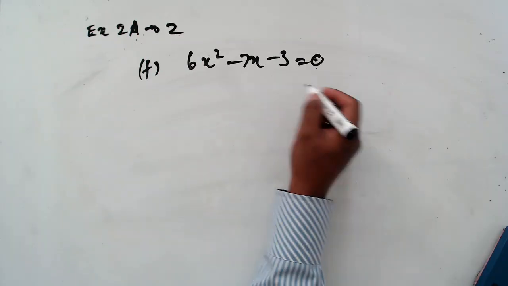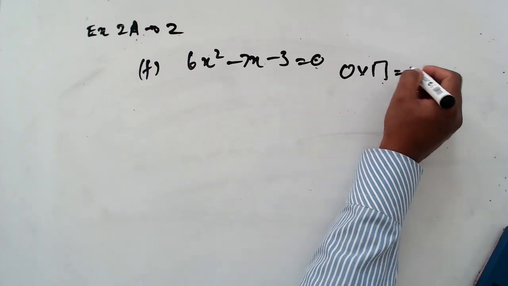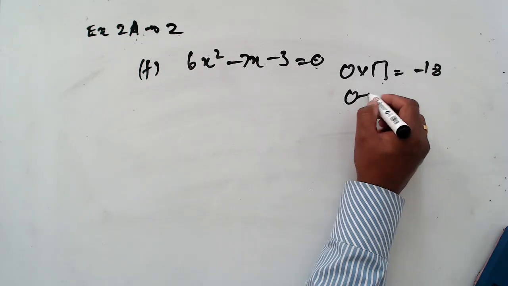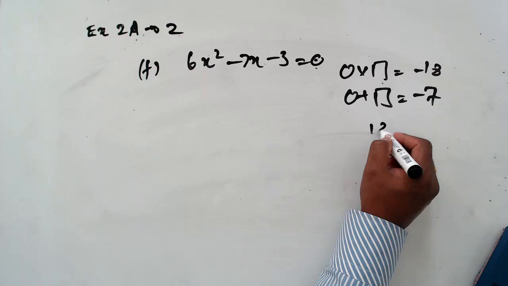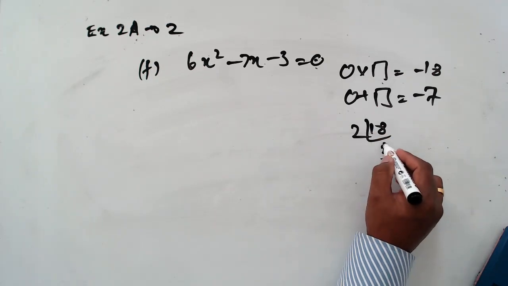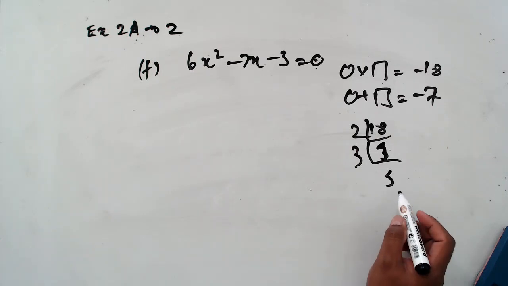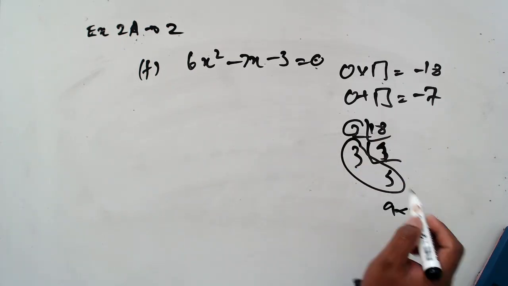In this sum, 6x square minus 7x minus 3. When you multiply, you want to get minus 18, minus 3 times 6. And when you add, you want to get minus 7. So what are the factors of 18? 2, 9, 3, 3. So those two were 9 times 2.